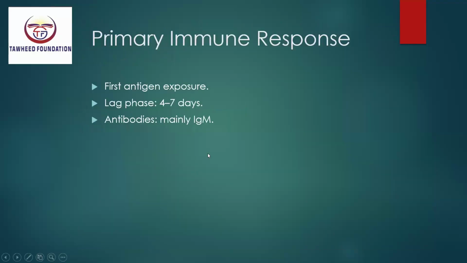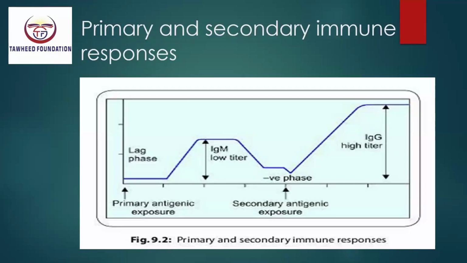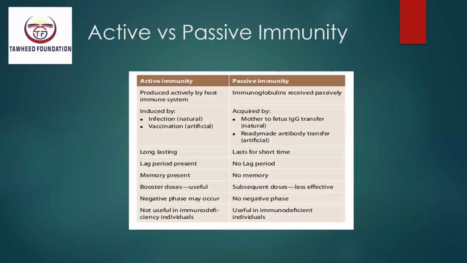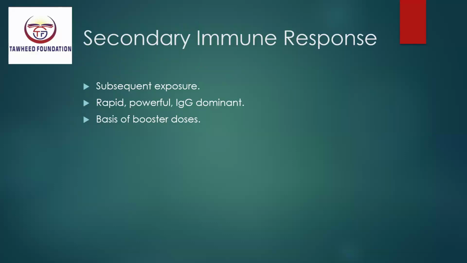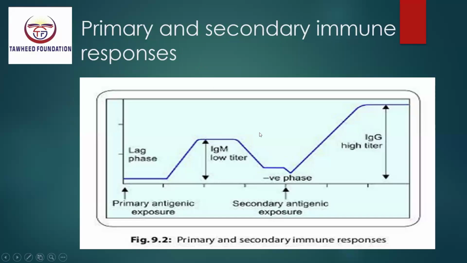So this is the primary immune response: latent or lag phase. Active immunity develops only after a latent period following the antigen exposure, which corresponds to the time required for the host immune apparatus to become active. And the secondary immune response occurs when the same antigen exposure occurs subsequently, as shown in that figure.